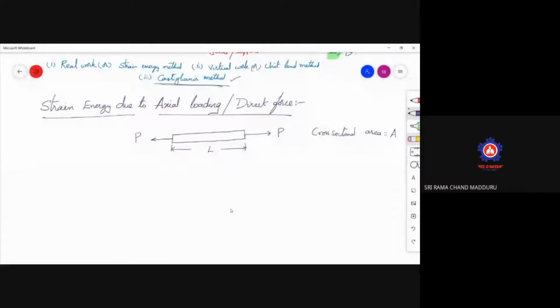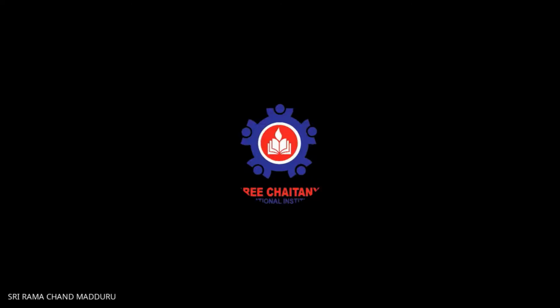What we are doing is we just consider a graph of deflection versus loading, deflection delta versus load P. At zero load, there is zero deflection.